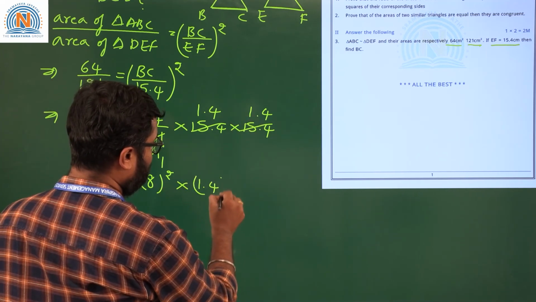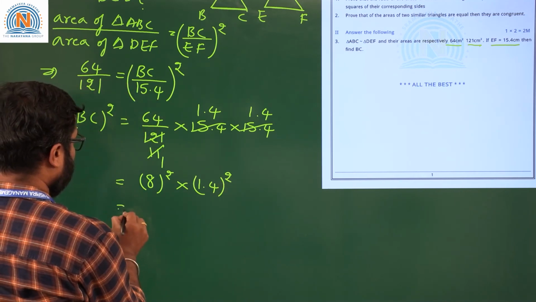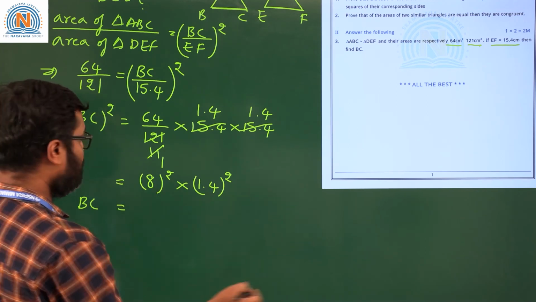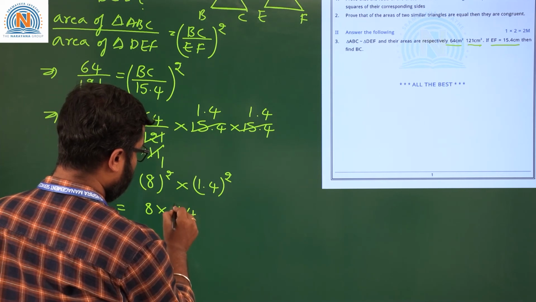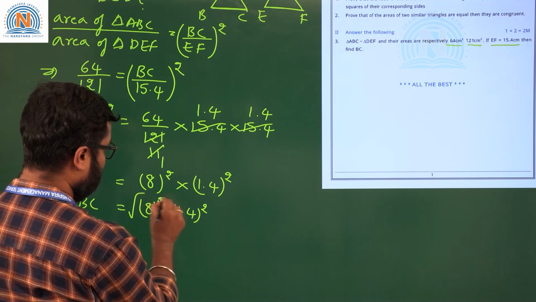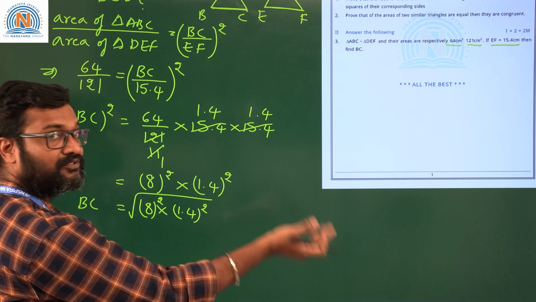Can I write 1.4 as a whole square? Yes, I can write. So now this BC whole square is there, so it will become square root. So that is 8 into 1.4, whole square. So BC square will become square root.